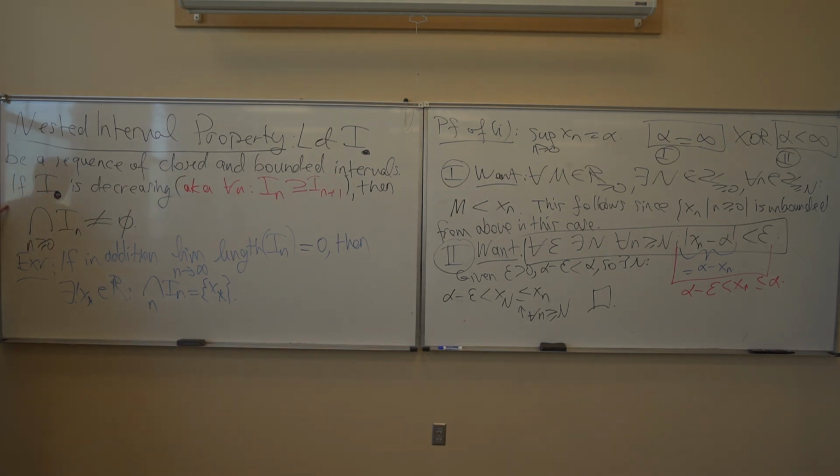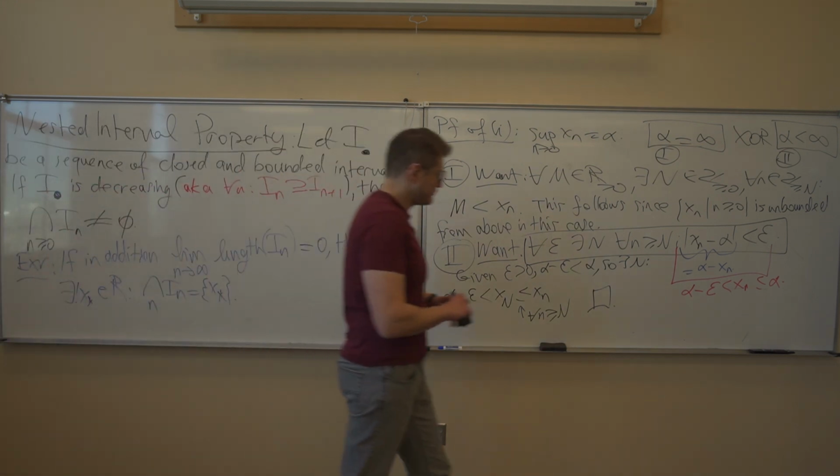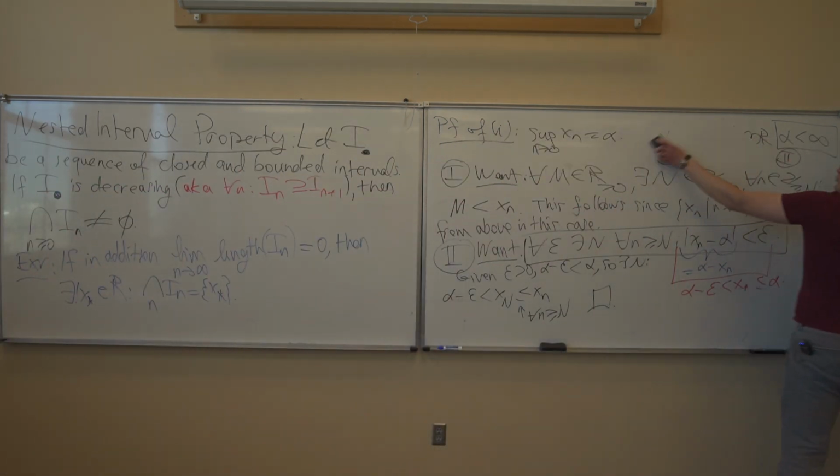Now, without this assumption, I know that the conclusion is that this is non-empty, but possibly it has multiple points. But sometimes you want a unique point in the intersection. So how do you prove it? Well, we need to open up what is given.